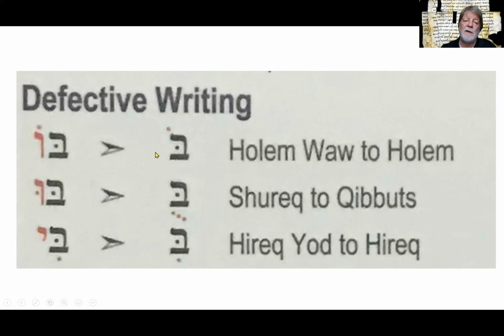They're both pronounced the same. Sometimes you see it with the vav inserted, sometimes the vav is not inserted. This is called defective, not because there's anything wrong with it, but just because it's a shorthand way of writing it.